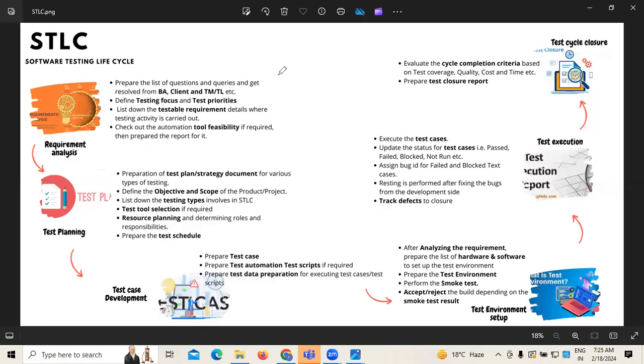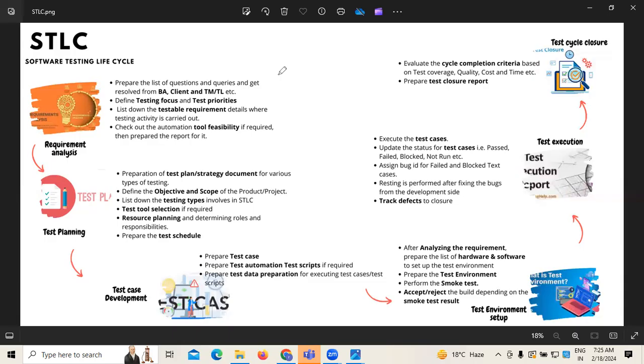So what performance testing is to happen, right? So this is something we have to look at. This is where defining testing focus and testing priorities comes into existence.